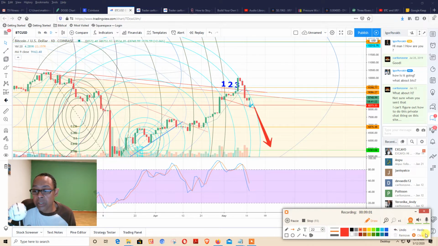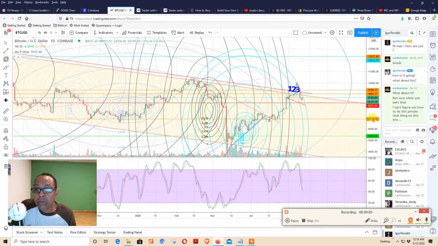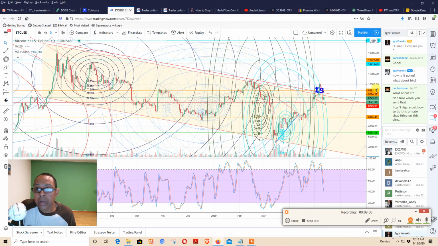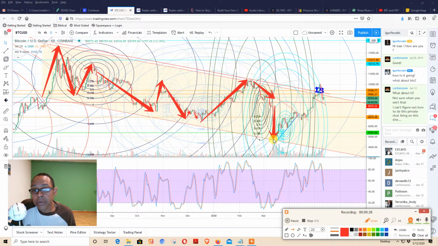Okay, so let's clear this chart and zoom out even more. Let's scrunch this down so we get the whole parallel trading channel. Now let's draw again, and let's just retrace what we've seen thus far. Here we entered the channel a year and a half ago. Up, down, up, down, up, halfway, down. Wiggle around all the way to the top of the channel, which I didn't see this coming, and the big capitulation.